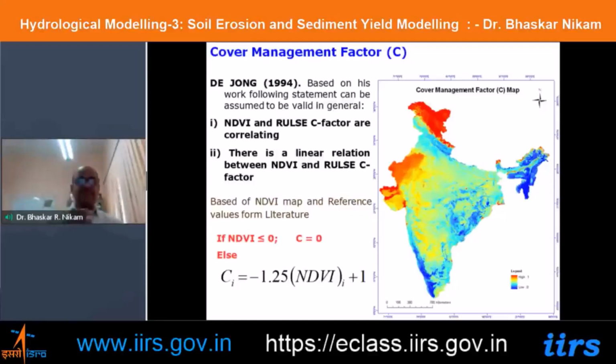Second strength, if we take temporal NDVI data, see, in a country like India, vegetative cover will not remain the same throughout the year. Vegetative cover will change. During summer season, there will be minimum vegetative cover or almost no vegetative cover. After summer, rainy season starts.